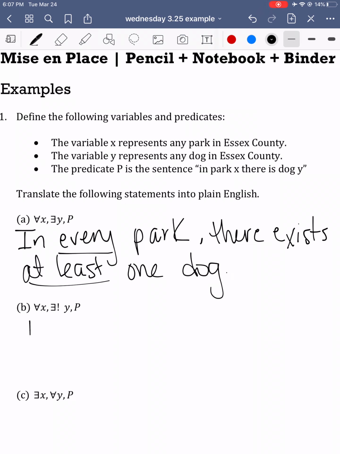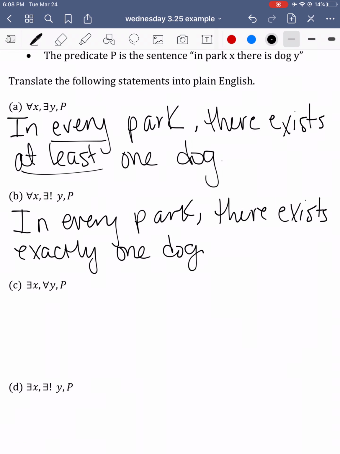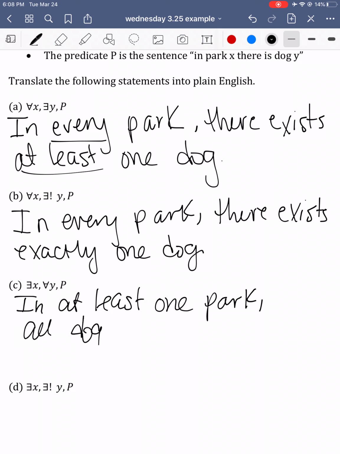So the next one: in every park there exists exactly one dog. And then we keep going, and so in at least one park all dogs are there.